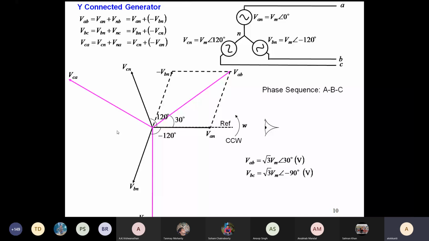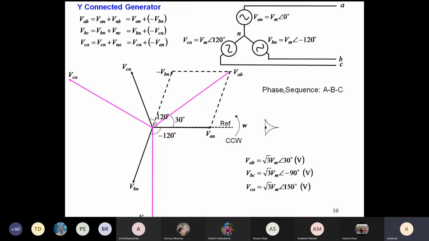So VAB, VBC, and VCA are called the line-to-line voltages, from A to B, B to C, or C to A. They are root 3 times greater in magnitude than the phase voltages for this Y-connected generator, the individual phase voltages A, B, and C. And they have their own angles, and how to generate those angles we have just shown.